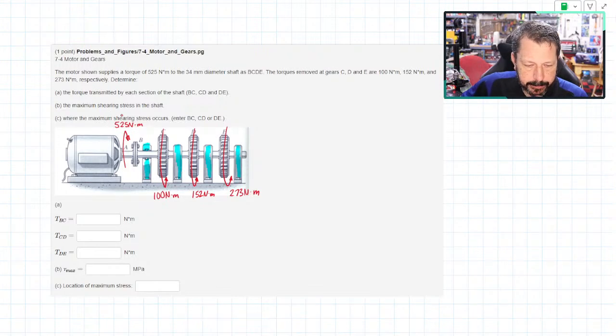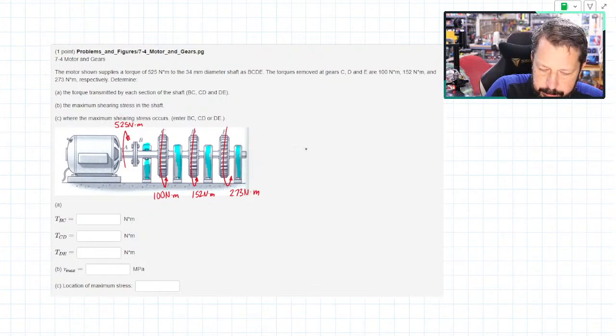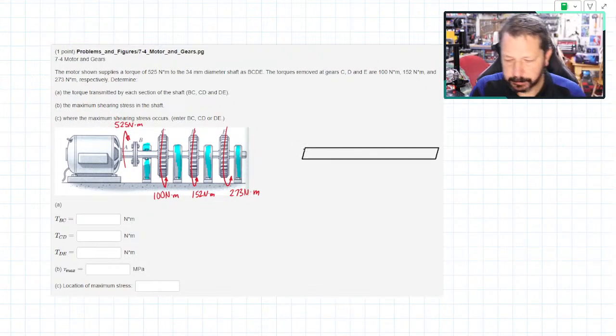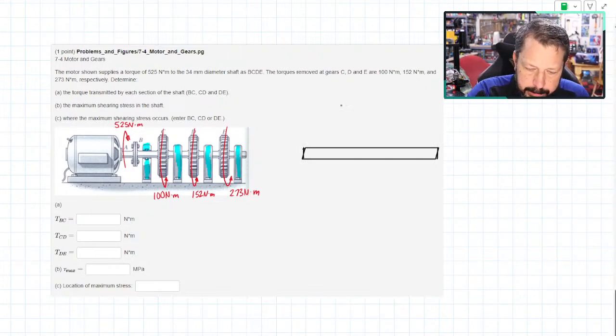That's easy enough. Let's draw us a very simple version of the shaft. Doesn't need to be angled at the ends. There we go. Let's put these points on here.